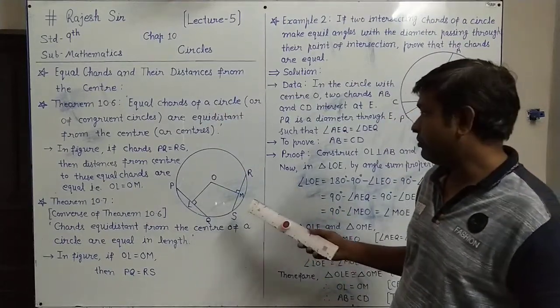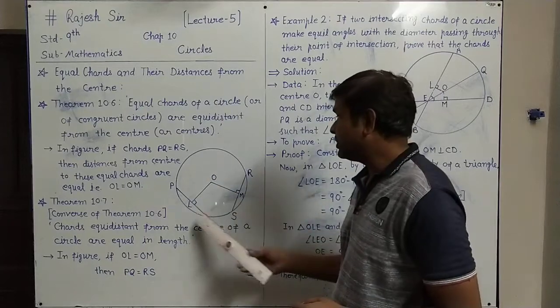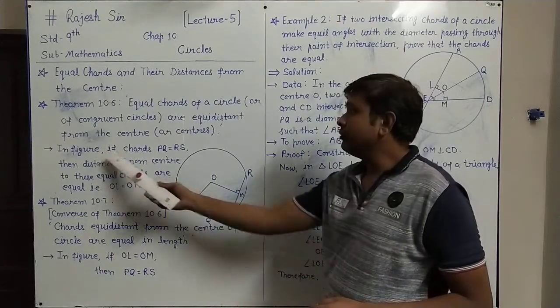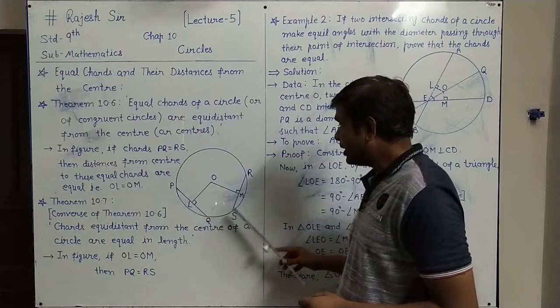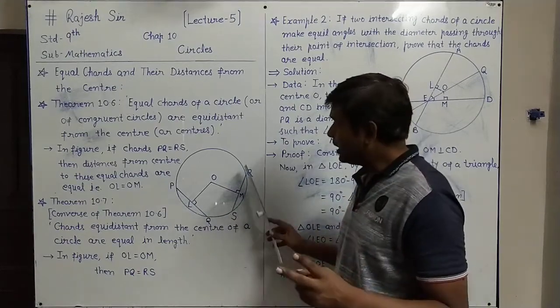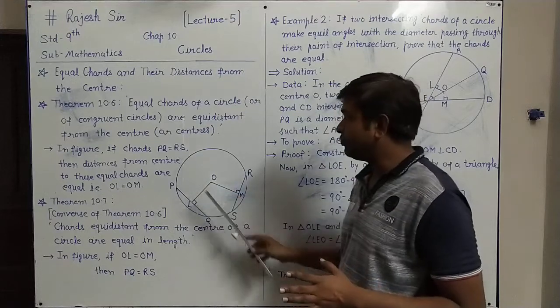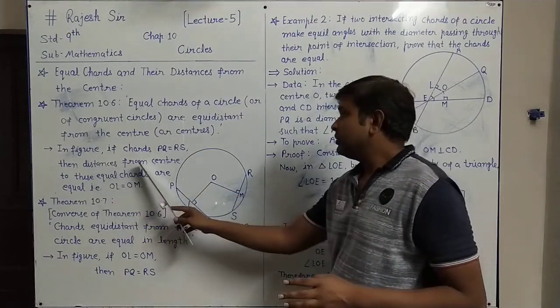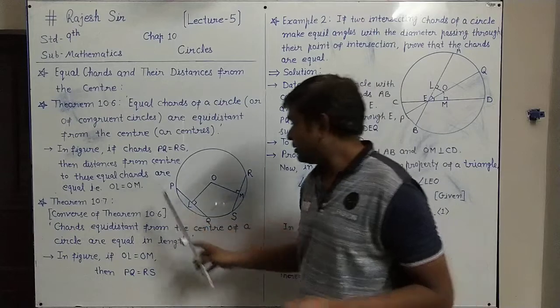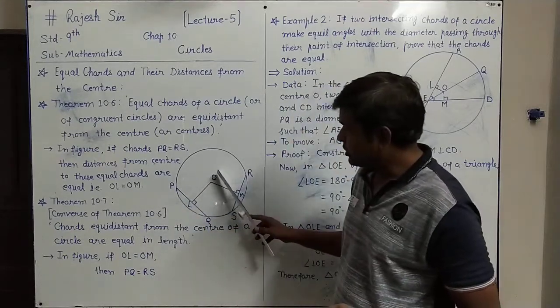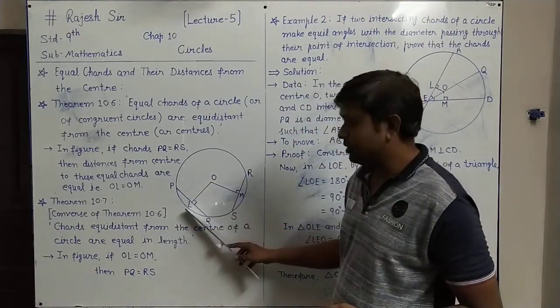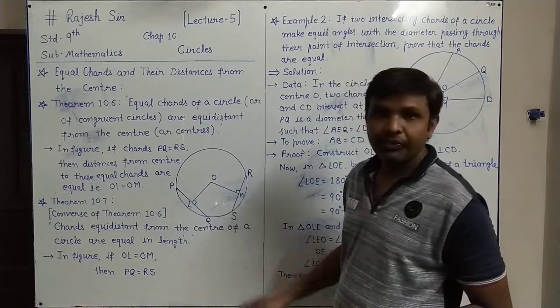For example, we will take this circle with center O. In the figure, chords PQ and RS, two chords are there and they are equal, PQ equals RS, meaning equal chords are given. Then the distances from the center O: the distance from the center to PQ is OL, perpendicular.